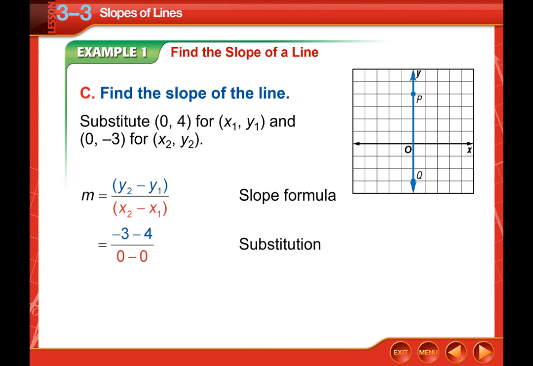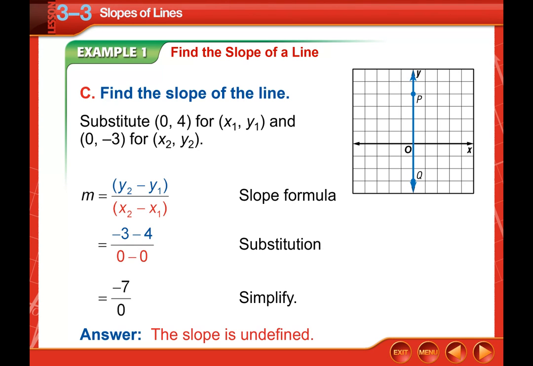We get negative 3 subtract 4, and 0 divided by 0 subtract 0. We have an error. With 0 subtract 0, our slope formula doesn't work. The slope is undefined. Your calculator has an issue with dividing by 0.